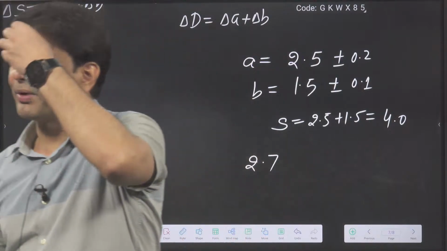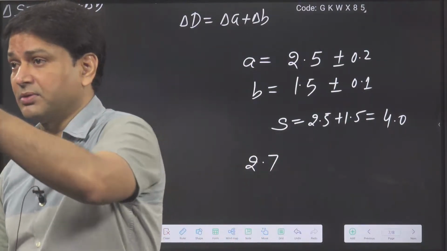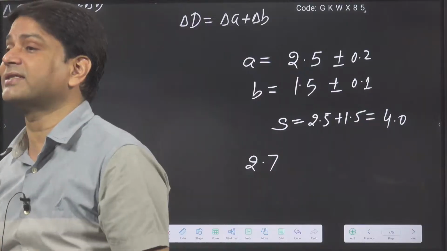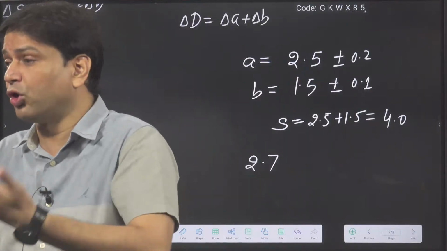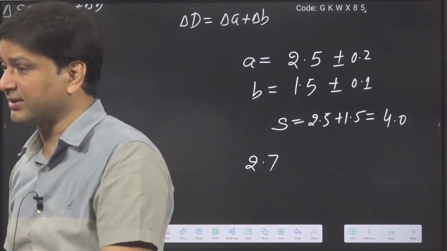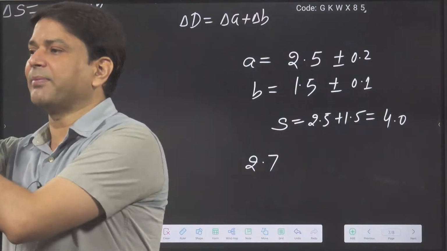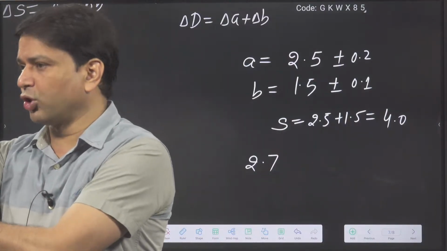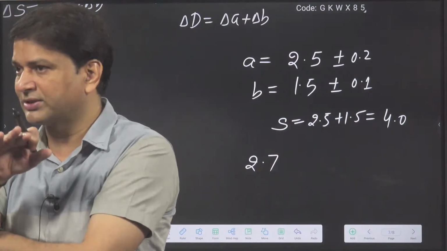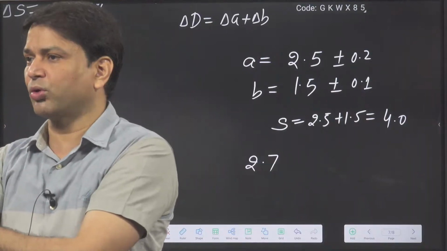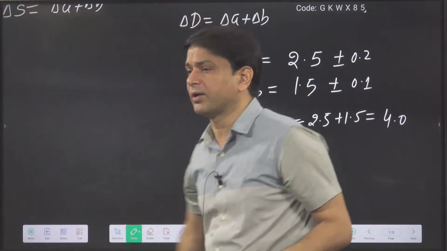Suppose B maximum, what I can measure? 1.5 plus 0.1. Because why we are writing the plus minus? Because we don't know we measure more than actual or less than actual. So suppose A I measure more than actual, then A I will take 2.7. B I measure more than actual, then B value I will take 1.6.